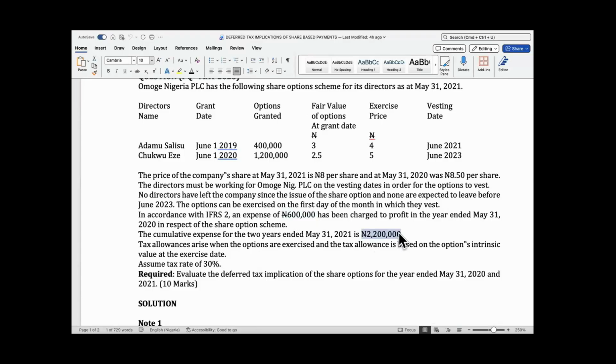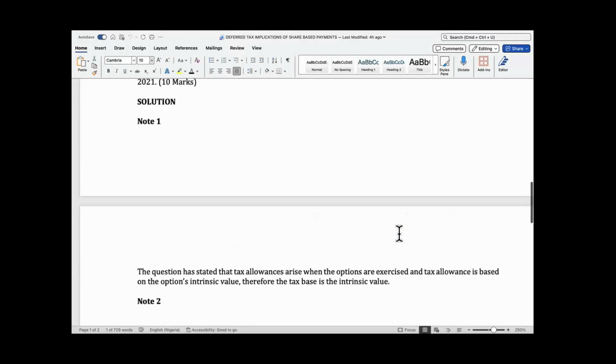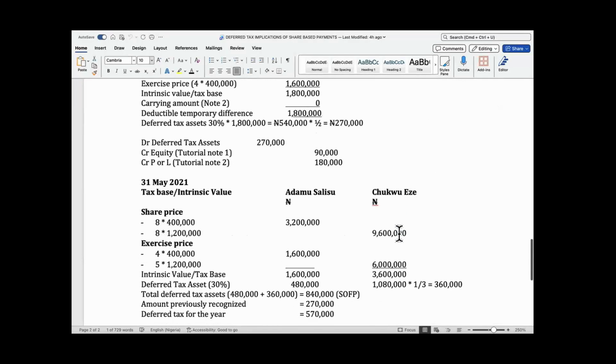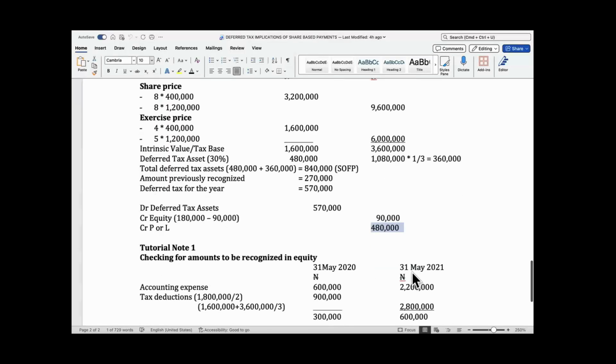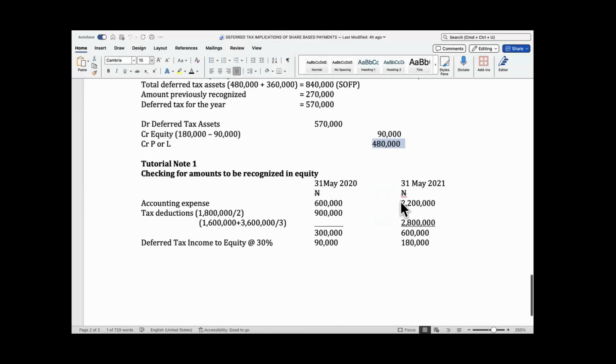That should be around 1.6. So I take 30% of that. That's what should actually go to P or L. That's this 480.